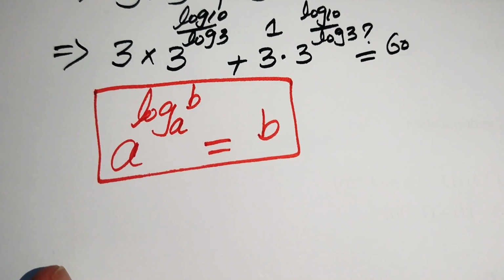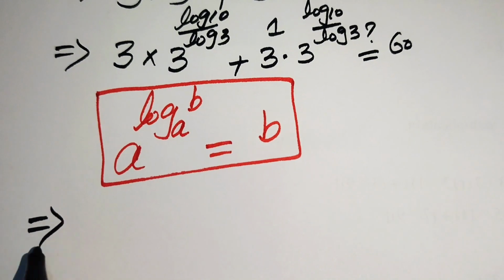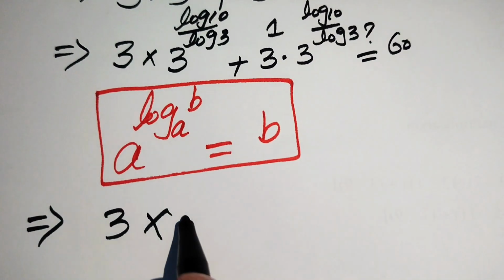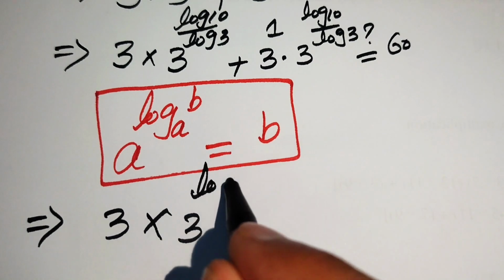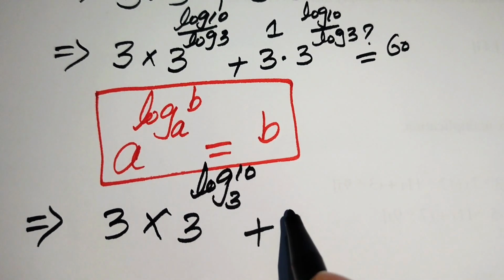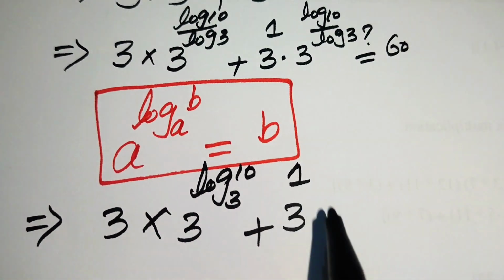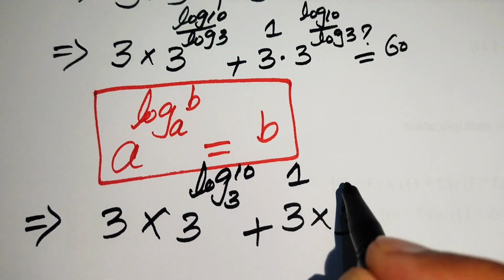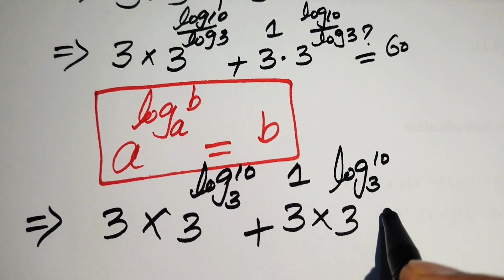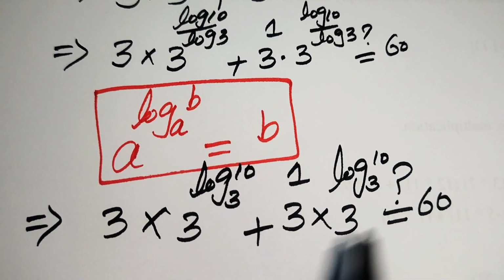According to this fact, we write our above terms in this form. We have 3 times 3 to the power of log with base 3 and exponent 10, plus 3 times 3 to the power of log with base 3 and exponent 10, and we check whether this equals 60.